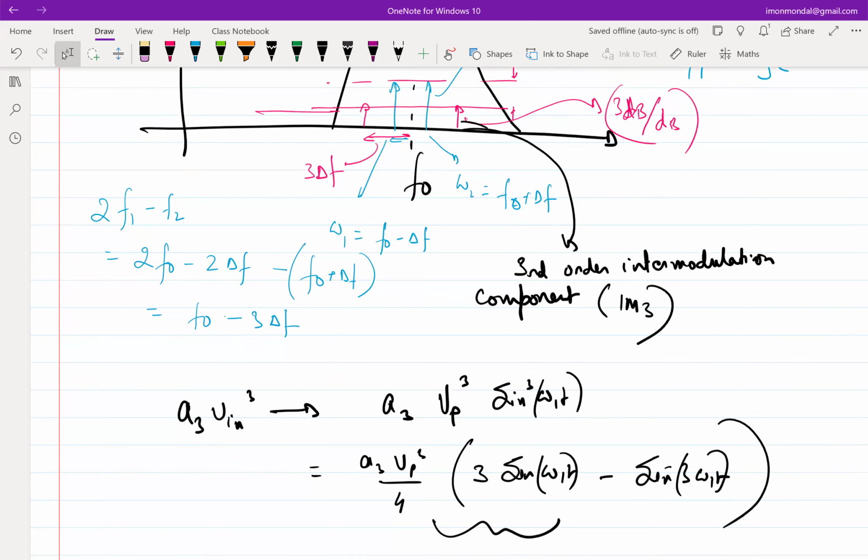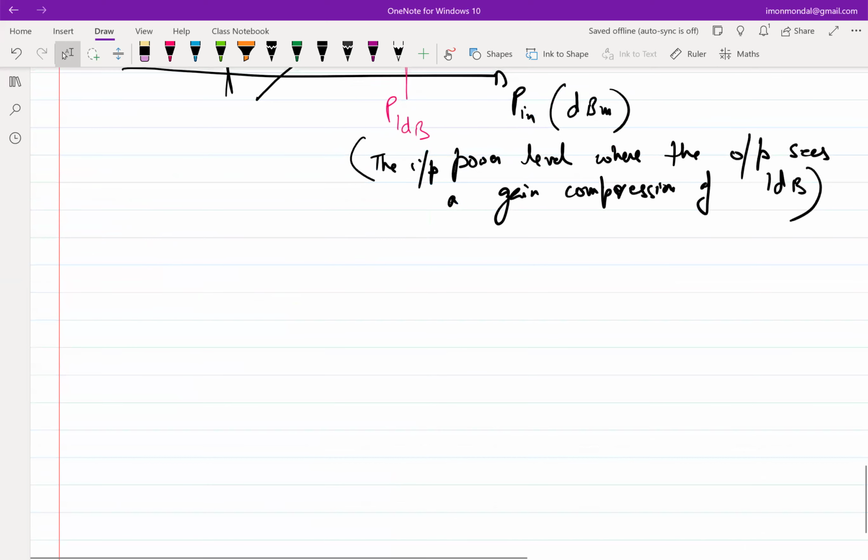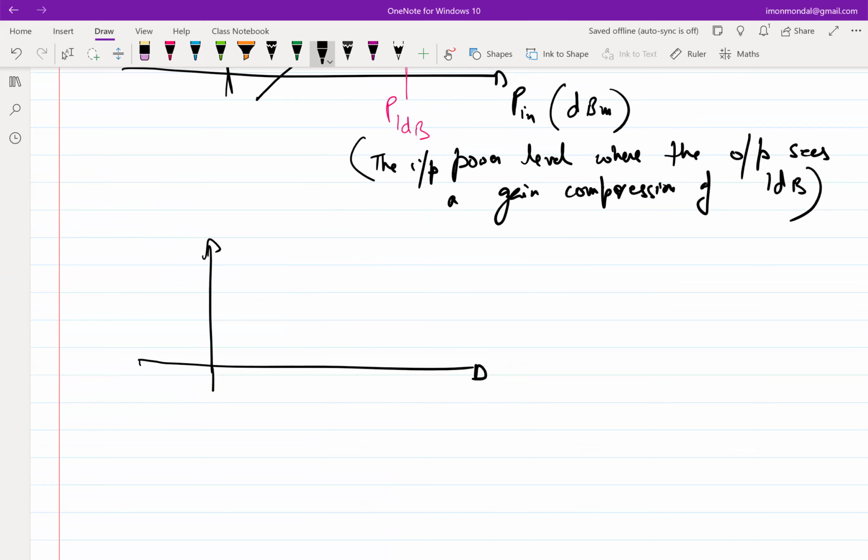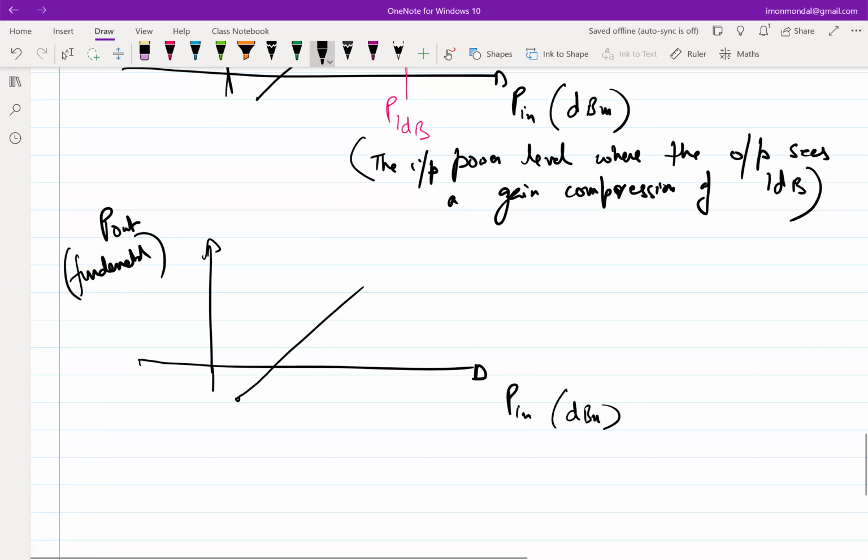Okay, fine. So now if I plot P out, and if I plot the fundamental, and this is P in, again in dBm. We are getting some straight line, and then there is some tapering, right?